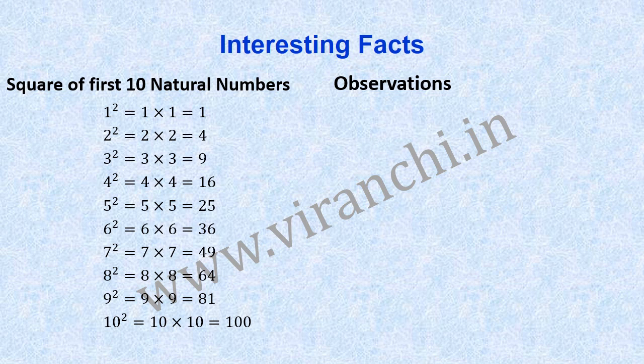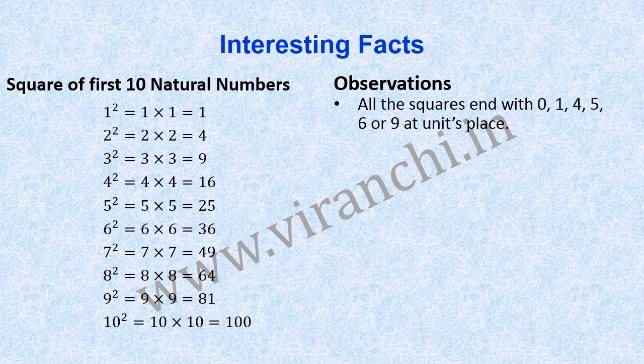So what do we see? We see that all squares end with 0, 1, 4, 5, 6 or 9 at units place. None of them have 2 or 3 or 7 or 8 at its units place.